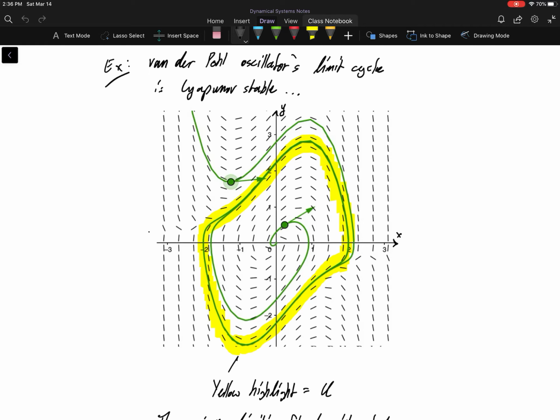And my initial conditions will eventually throw me inside of the U, right? So eventually I'm going to enter the yellow region and then stay there.